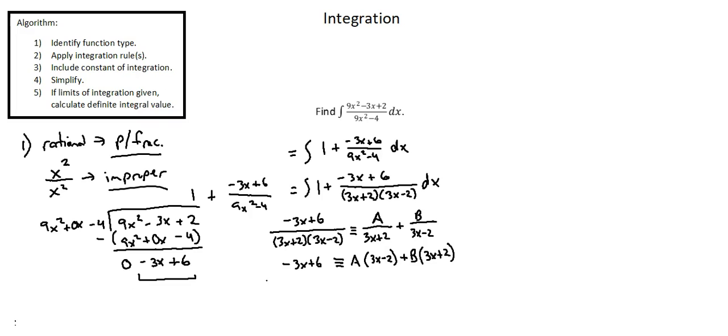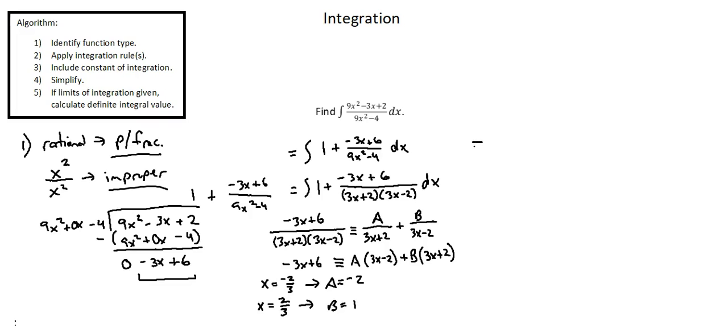From here, if we let x equal negative 2 over 3, then A equals negative 2. And if we let x equal positive 2 over 3, then B equals 1.